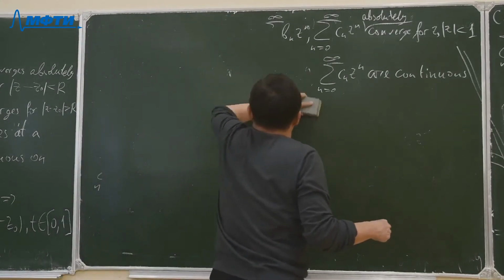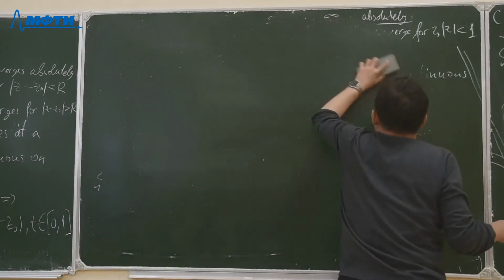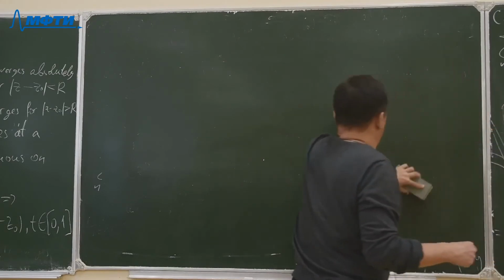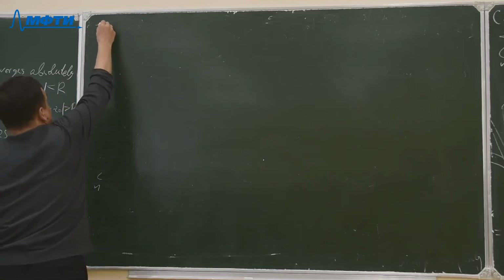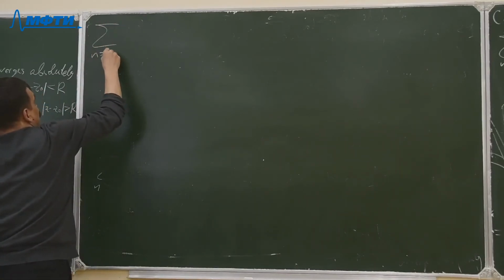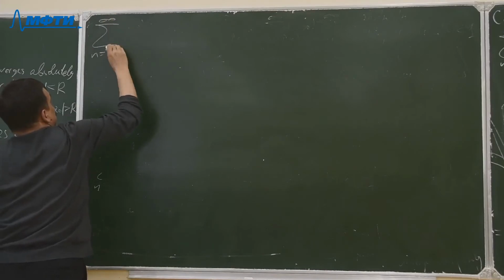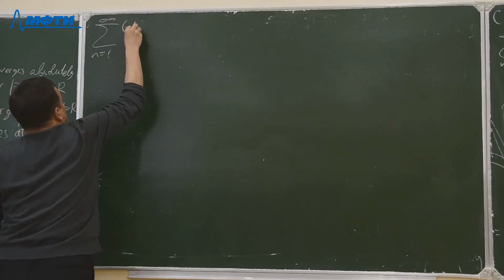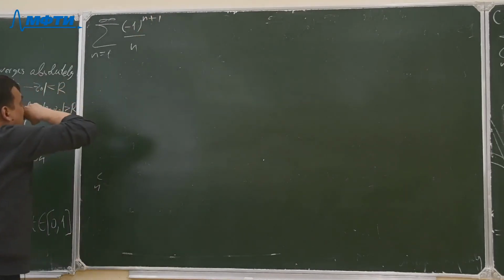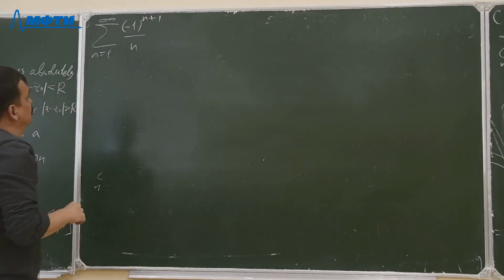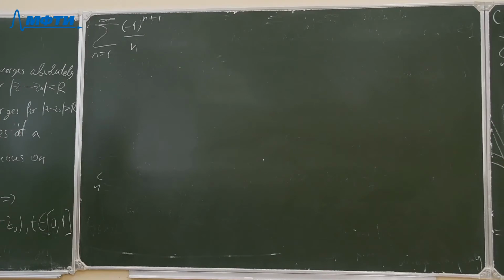I will not give details, but look how it works for an example of a divergent series which we considered before.